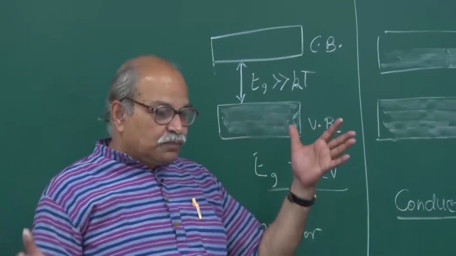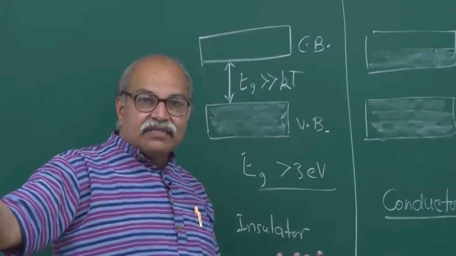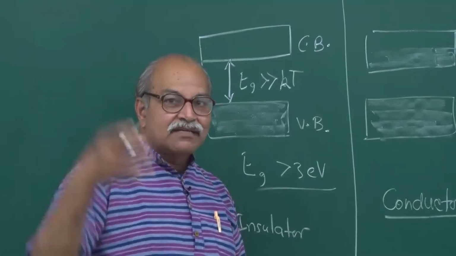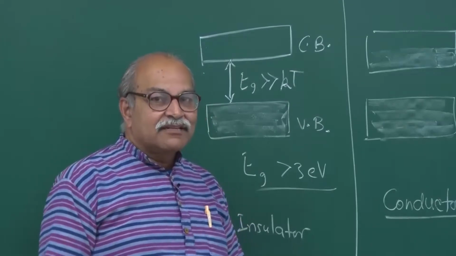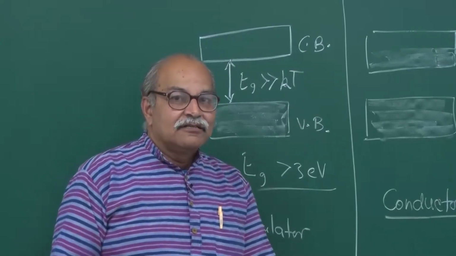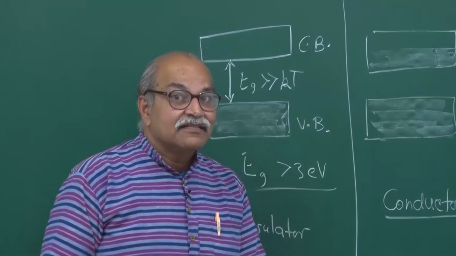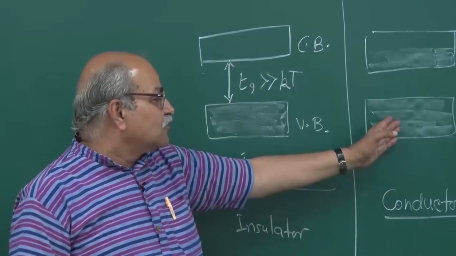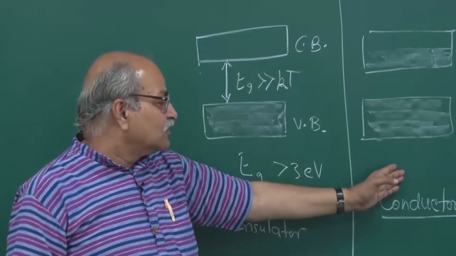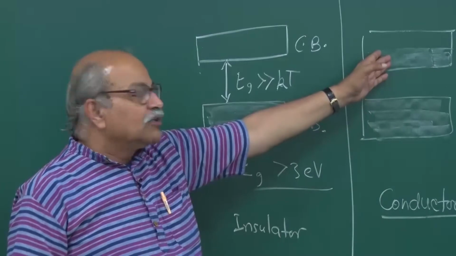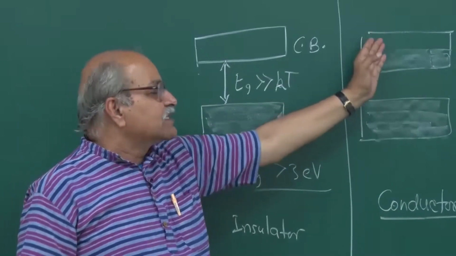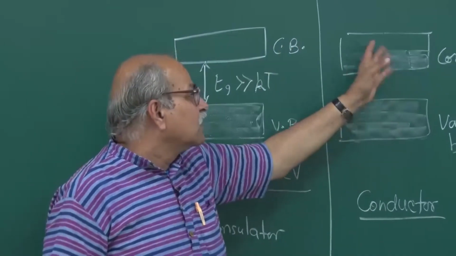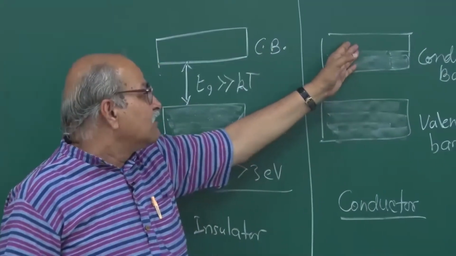Why is this a conductor and this an insulator? Because when you try to pass current through the material, you essentially apply an electric field by a connecting battery or so. Once you apply the electric field, it tries to give kinetic energy to these electrons. Here the electrons accept that energy, and since the quantum states are available, they respond and move according to that electric field, and you have conduction.